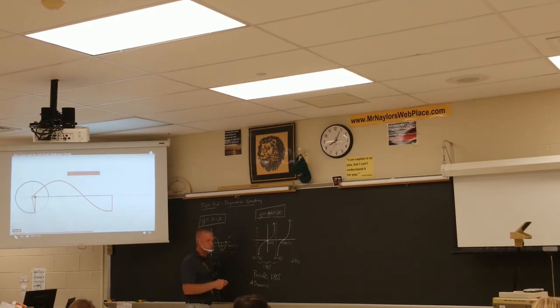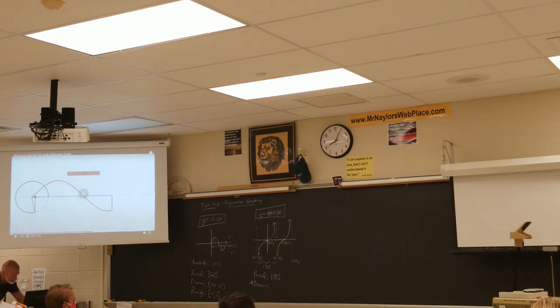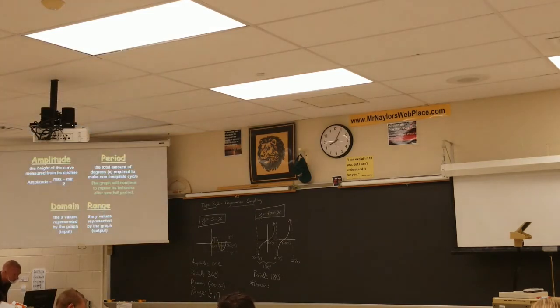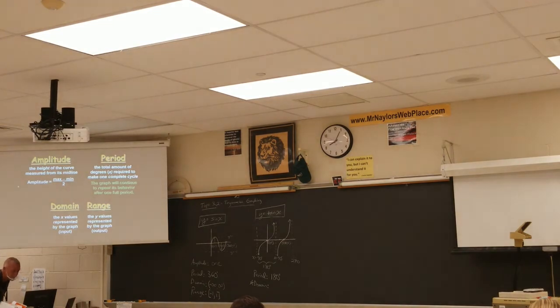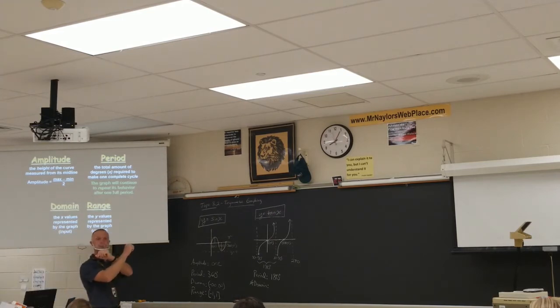The domain is supposed to be like the x values. Okay, the x values that are part of the graph. But sometimes what we do when we talk about the x values is we actually focus on the x values that you can't use.